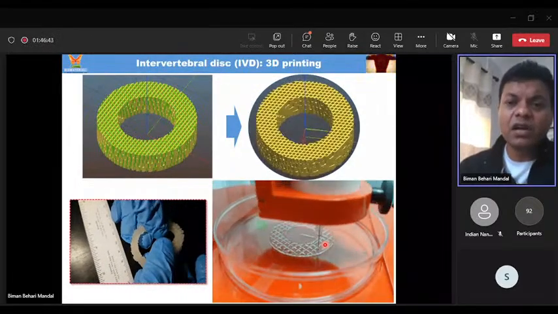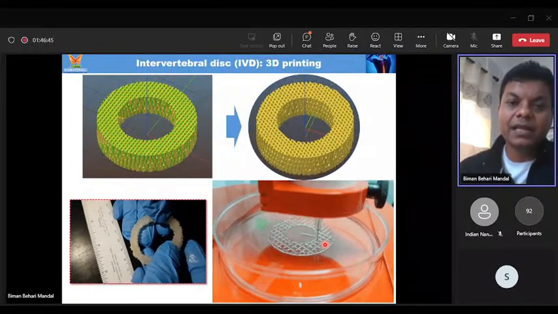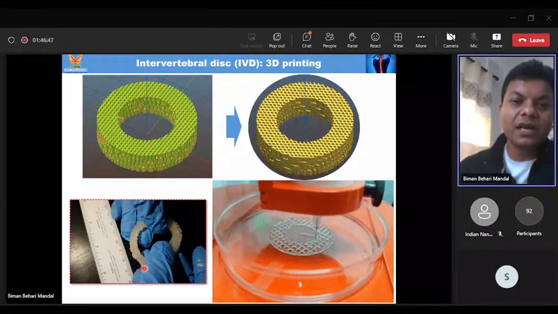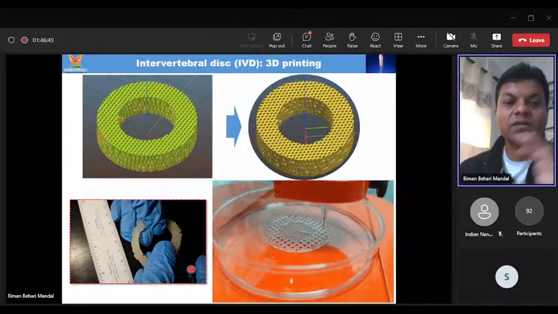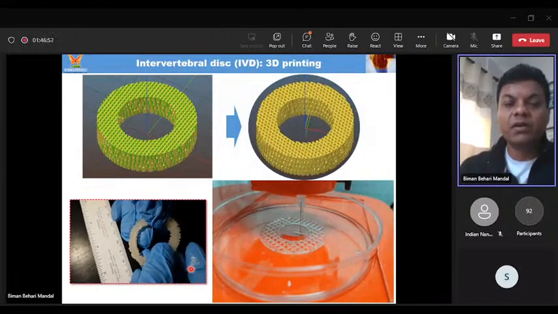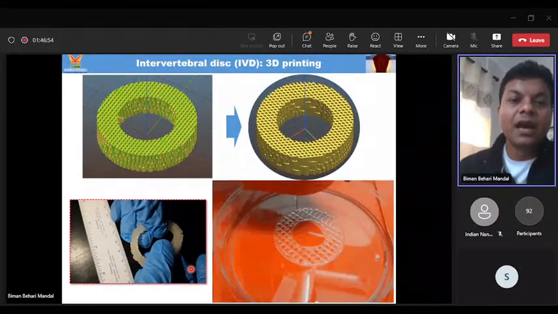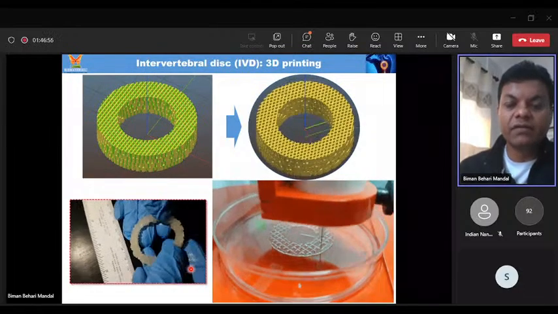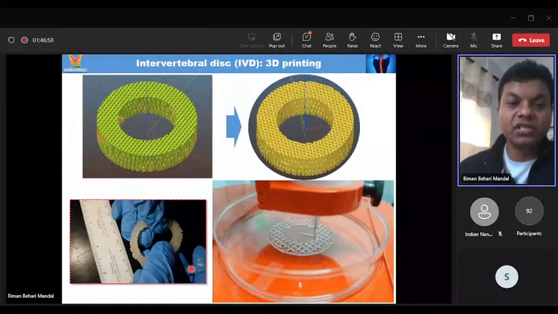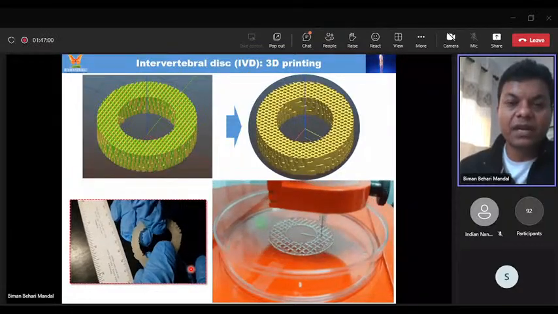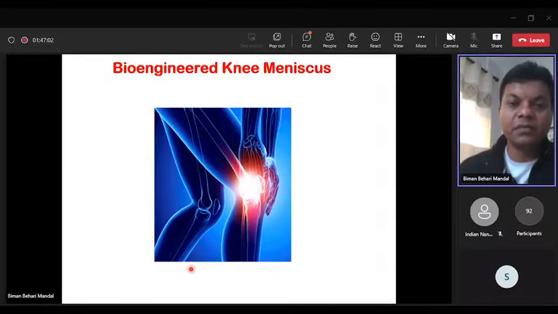It can be matured for a couple of weeks in the bioreactor, and then it is ready for transplantation to human patients. That is the stage we have come to. We are now doing animal experiments and trials for better understanding of this structure, so that it can reach the market for taking care of the patients.